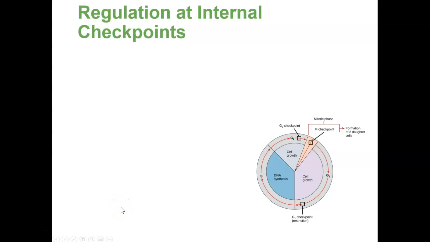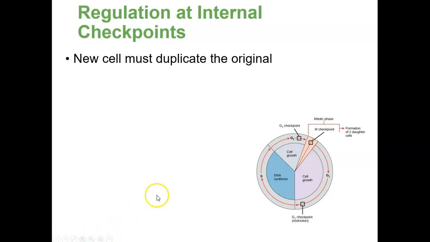So let's look at some regulation at internal checkpoints. So a new cell must duplicate the original cell. So it must be exactly the same. So that's really important.